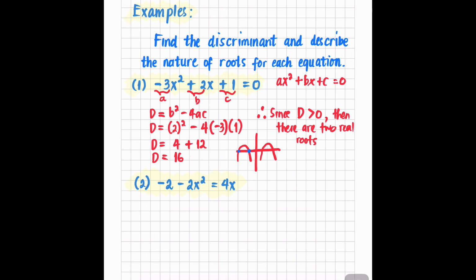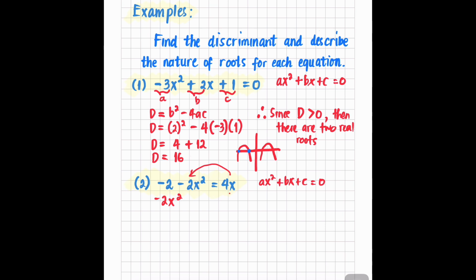For the second equation, we were given negative 2 minus 2x squared equals 4x. So here, we need to rearrange the terms into the form of ax squared plus bx plus c equals 0. So rearranging the terms, we're going to have negative 2x squared, then negative 4x.